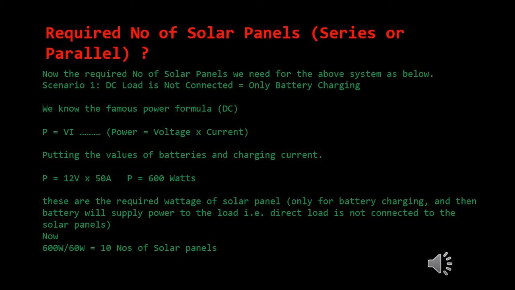If I divide, I would buy 10 solar panels of 60 watts. If I decide to go for bigger than 60 watts, the lesser the number of solar panels I'm going to have. And mind you, solar panels come in different sizes: as well as 60 watts, we have 420 watts, we have 325 watts. So it depends on you and your calculations which type you like.